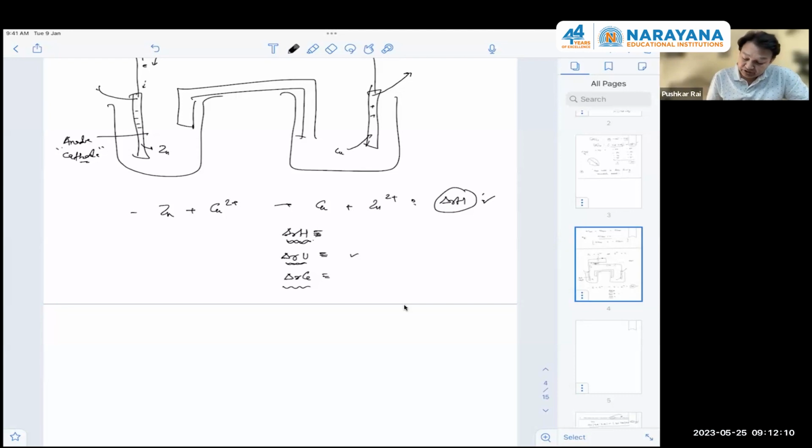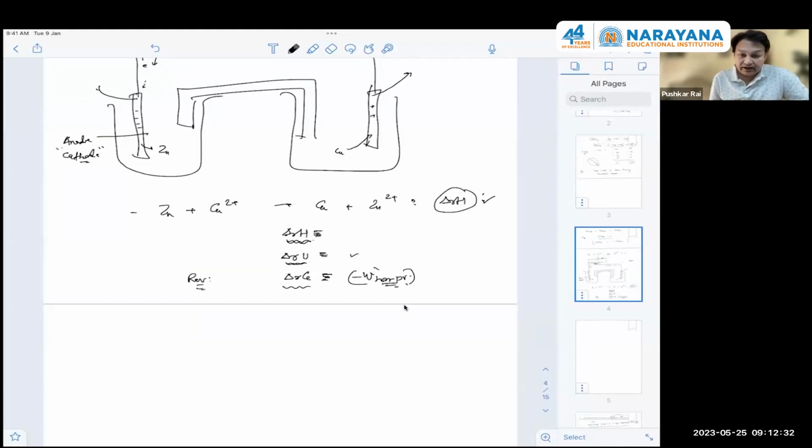From there, the relationship you will get is that we are lucky to know this is going to be W dash non-PV with a negative sign. Why? Because we are carrying out this process reversibly.